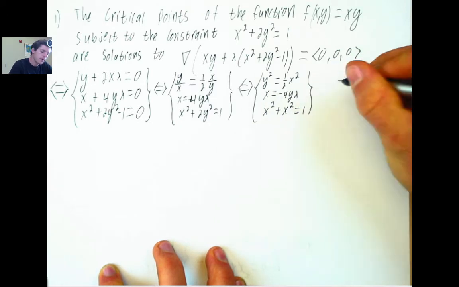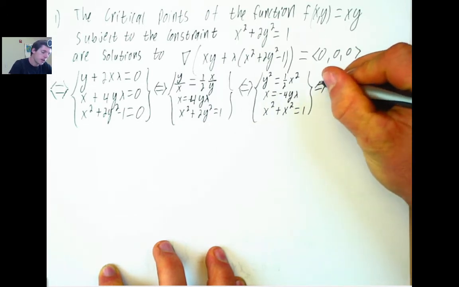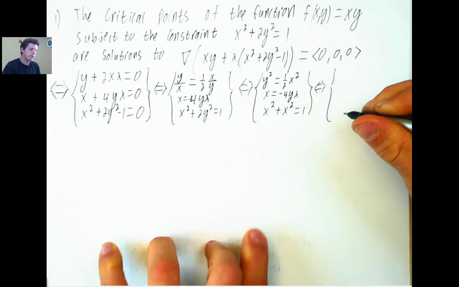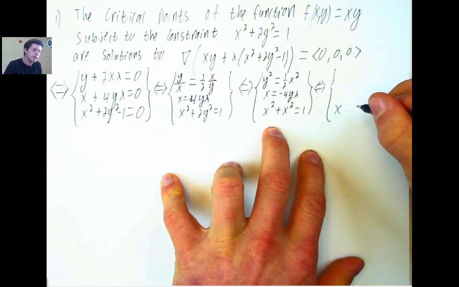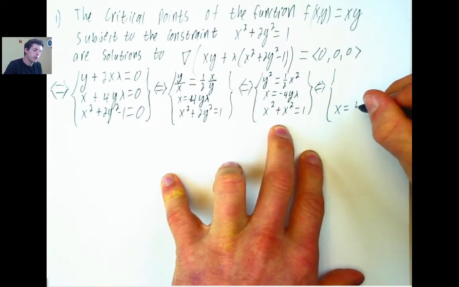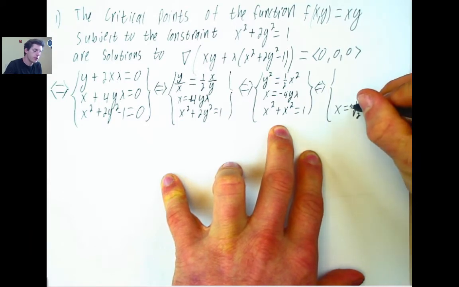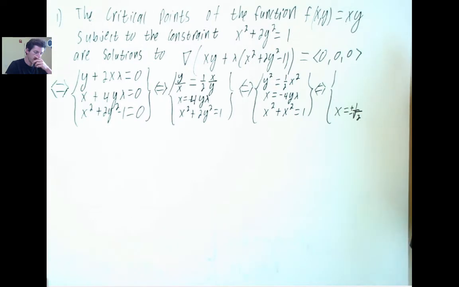Okay, so once again, bringing it all together, not all together, but at least that last equation says that x is 1 over square root of 2, or negative 1 over square root of 2, so I'll put a plus or minus right here. And what does that mean for the other equations?